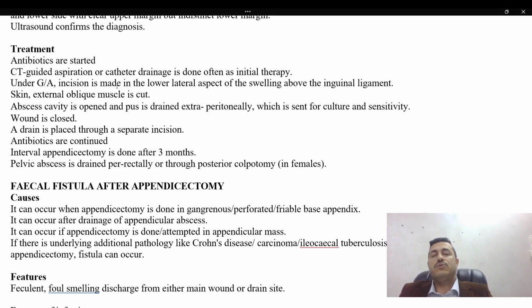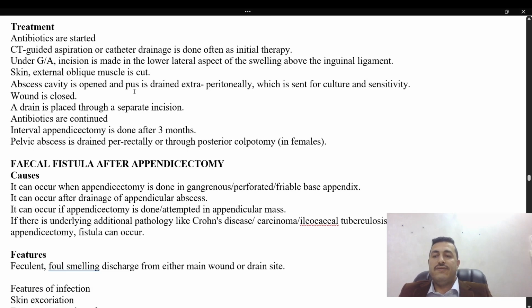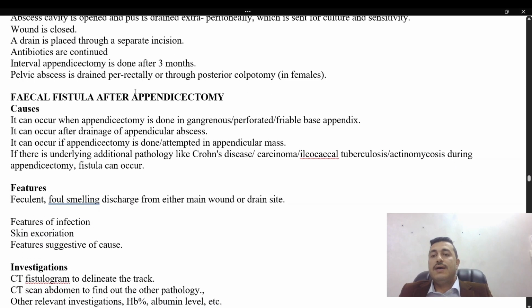It's not mandatory to proceed for surgery, for incision and drainage, and it's not necessary to do appendectomy. We proceed with our investigations in the form of colonoscopy, tumor markers, whatever. Actually it depends on each individual scenario.